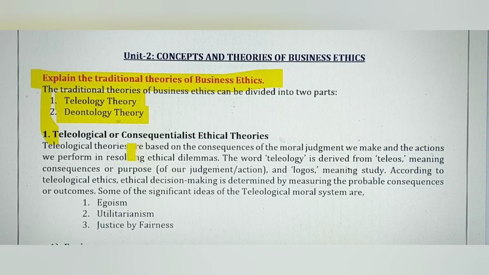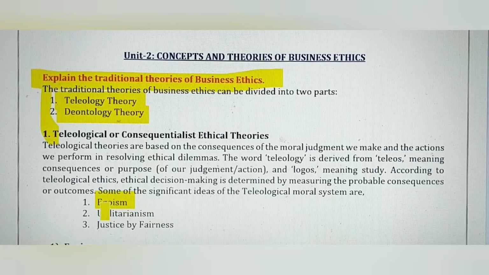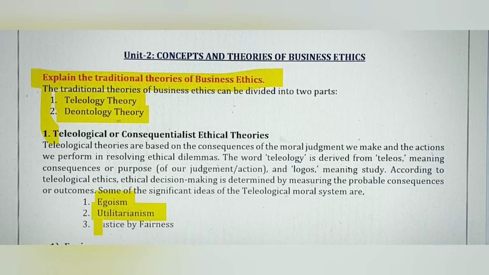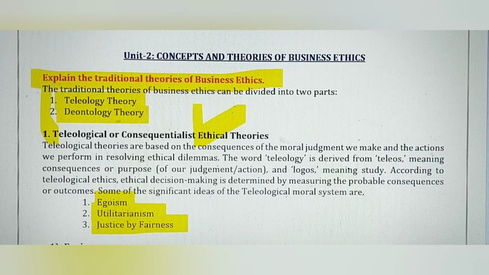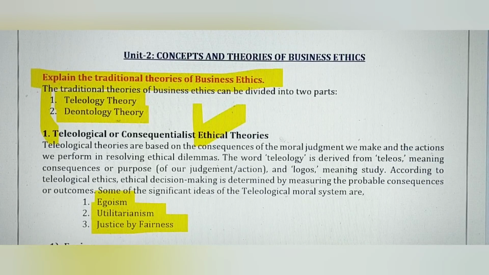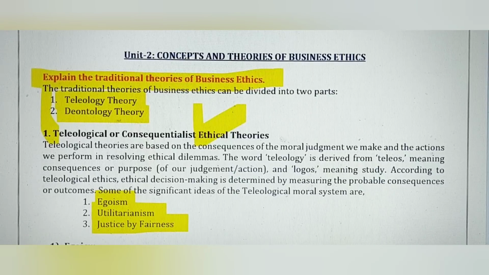Like, teleological theory is again divided into three types: egoism, utilitarianism, and justice as fairness. You can get this question as a long question, and sometimes you get it in short notes, where you have to define any one of the theories for a 5 marks question.